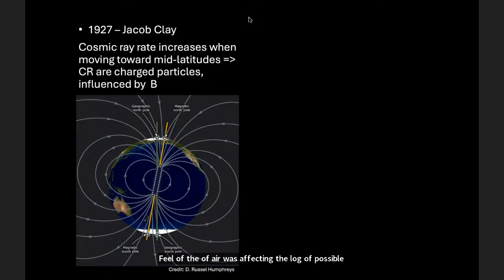Why is that? Because when we are getting close to the equator, the magnetic field is parallel to the land, so it doesn't let cosmic rays in. But when we are going to the poles, these cosmic rays, if they have charge, are following the lines and getting through at the poles. So then they thought, oh, maybe these cosmic rays have charge, right?